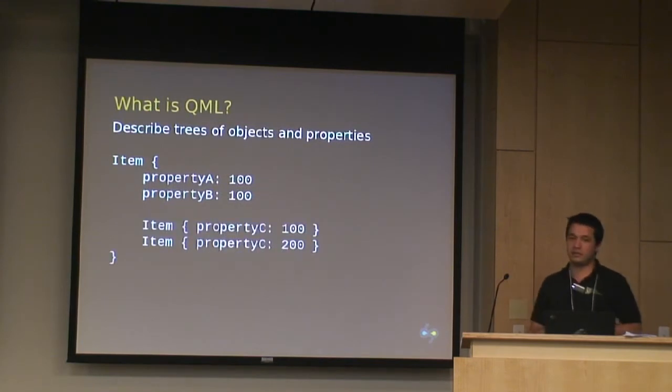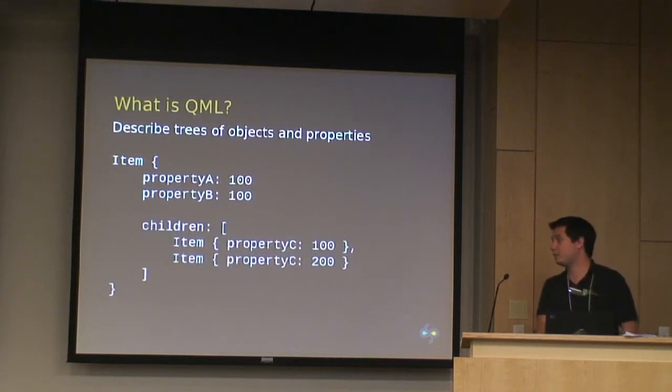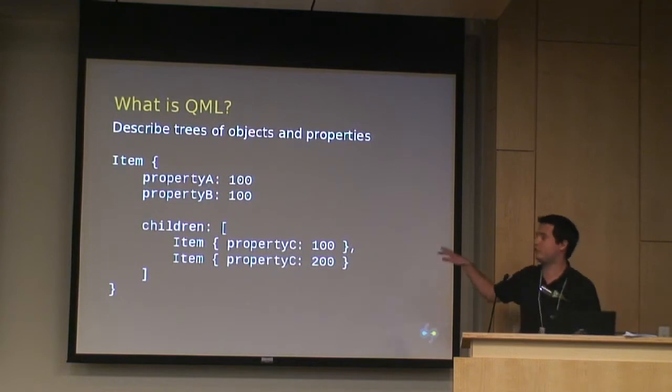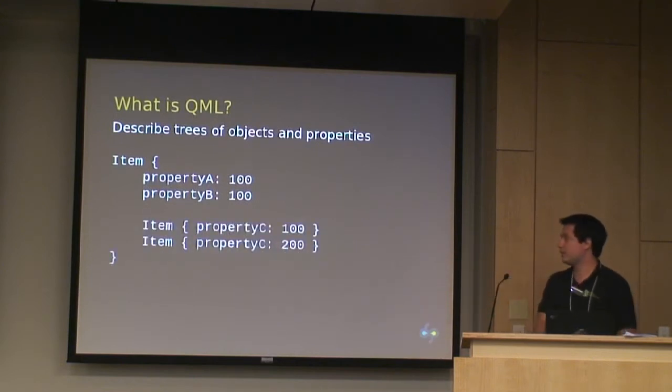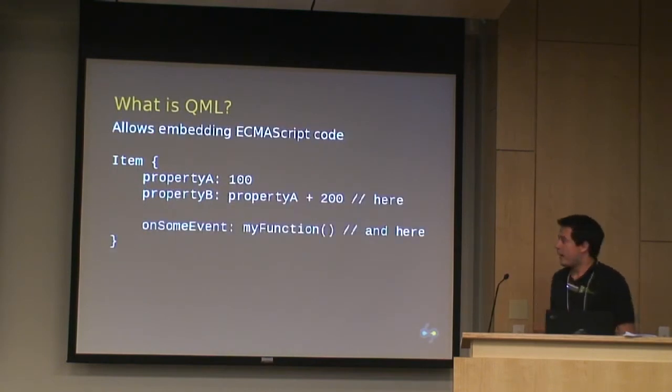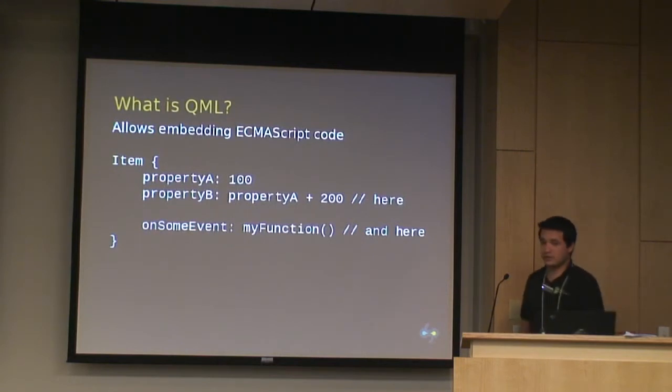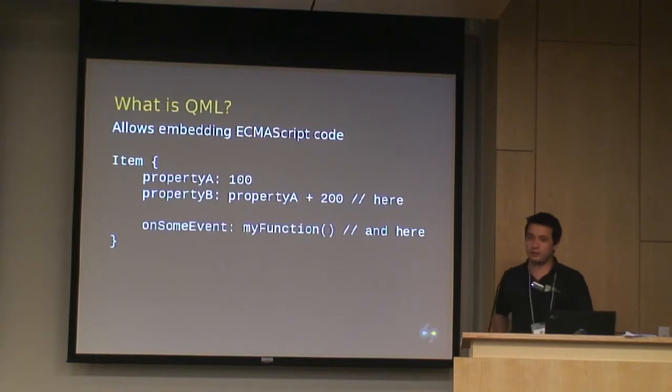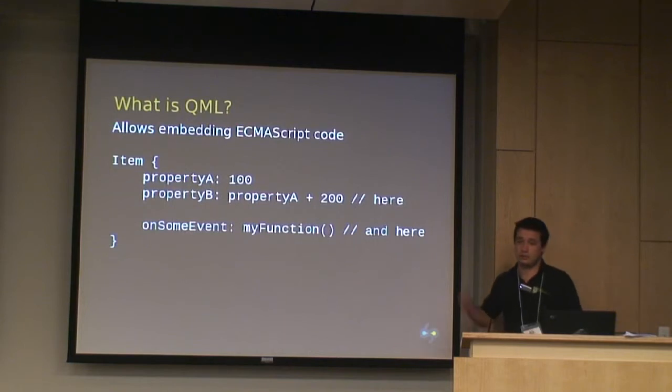And that's some syntax sugar, because we want to represent trees of objects. So instead of saying, okay, children is a list of two new objects, you just say, okay, you have these two new objects nested there. A feature of QML is the ability to embed ECMAScript, which is another name for JavaScript, code inside those tree descriptions.